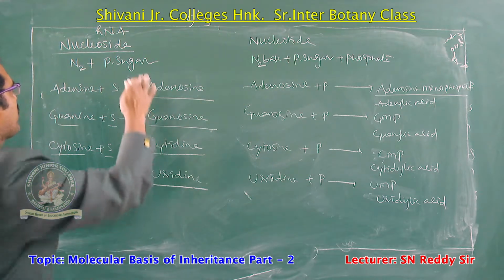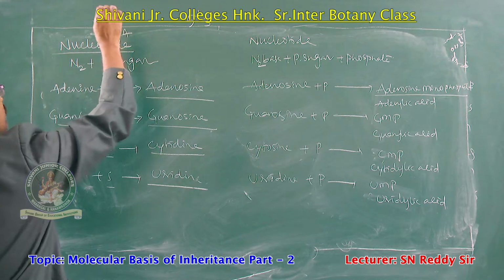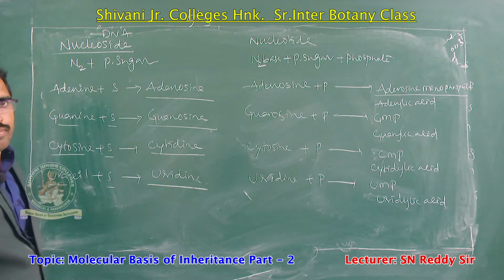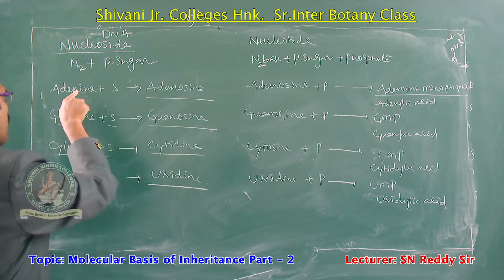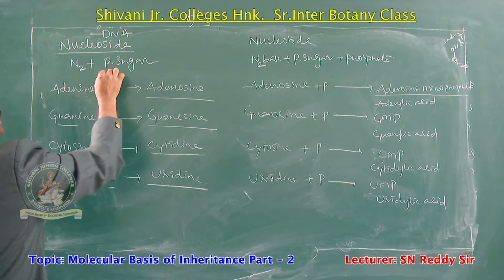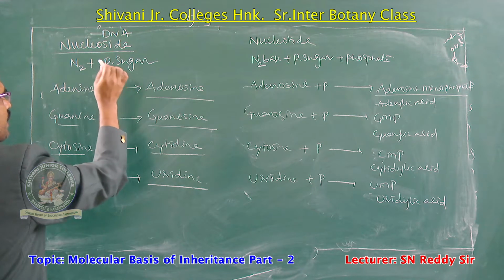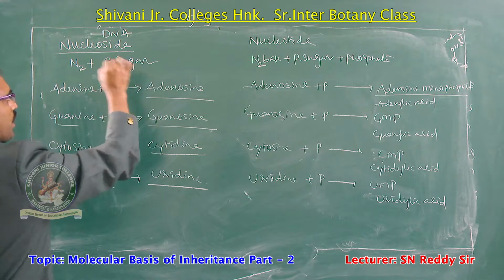Now in the case of DNA, you just add deoxy. Adenine plus pentose sugar: in the case of RNA that is ribose sugar, but in the case of DNA that is deoxyribose sugar.